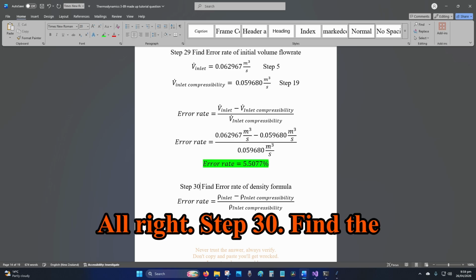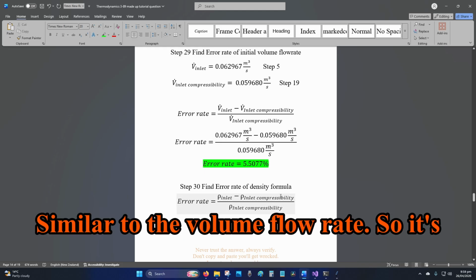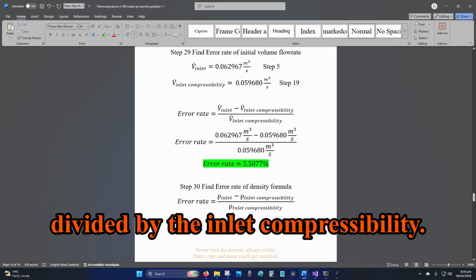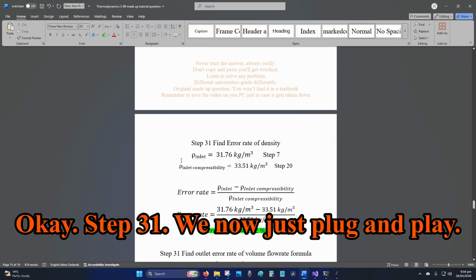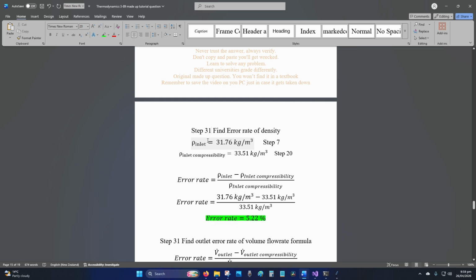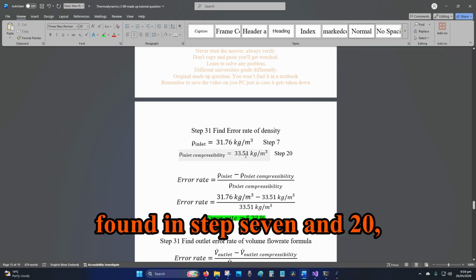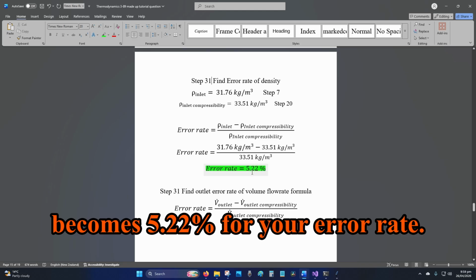Alright, step 30, find the error rate density formula, similar to the volume flow rate, so it's just inlet minus the inlet compressibility divided by the inlet compressibility. Okay, step 31, we now just plug and play. So these are the values found in step 7 and 20 respectively. And it becomes 5.22% for your error rate.